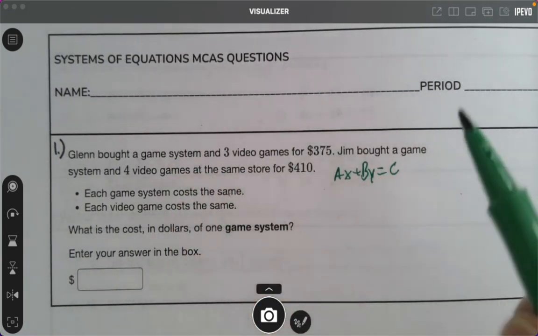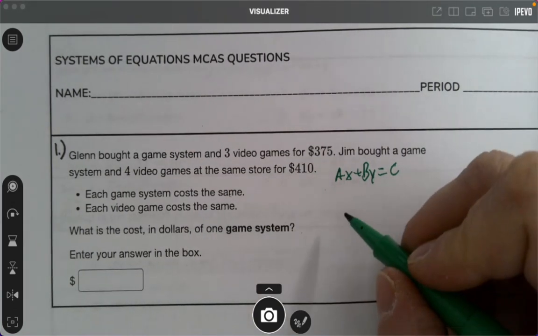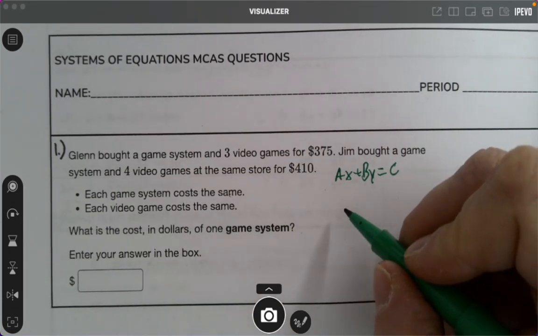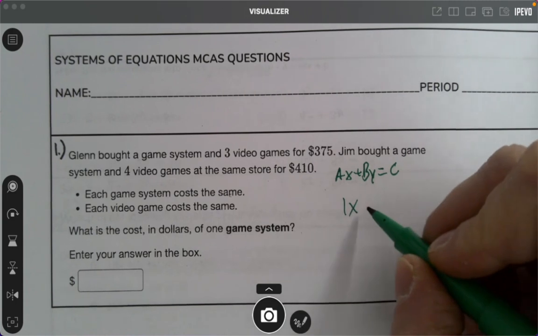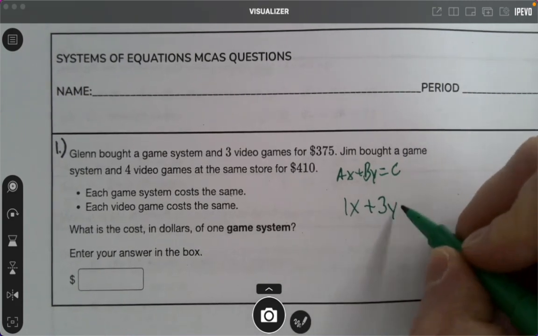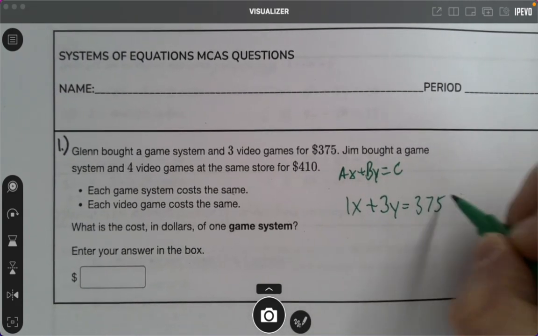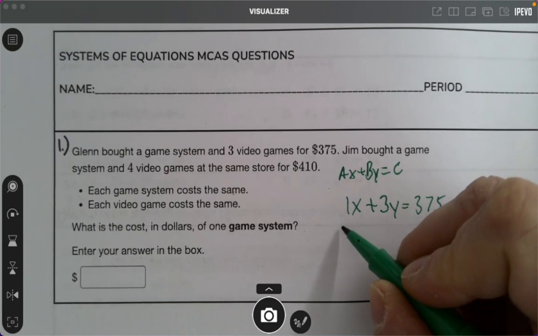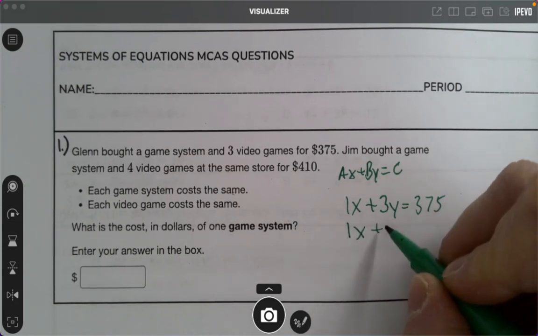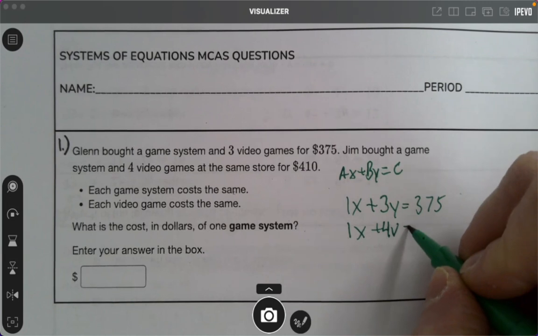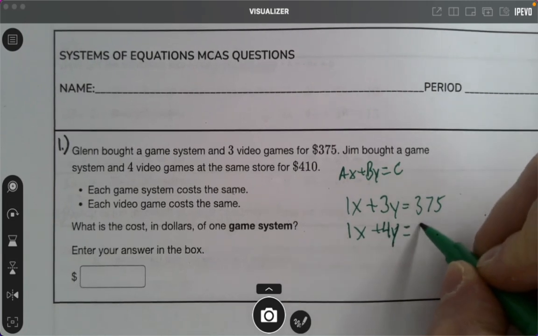And so they only bought one game system. So I'll put 1x, one game system, plus 3 video games equals 375. And then the other one's going to be one game system plus 4 video games equals 410.